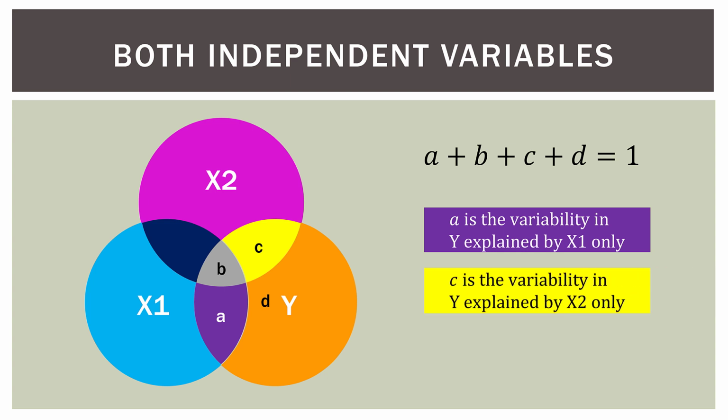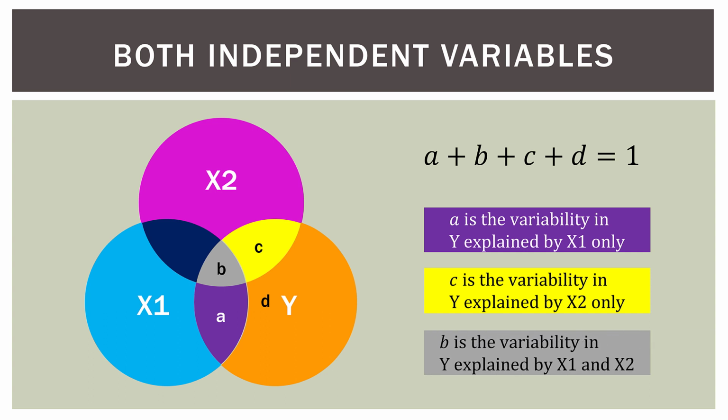C is the variability in y explained by x2 only. So you can see that C, there in the yellow, is where y and x2 overlap. And then B is the variability in y explained by x1 and x2 jointly. So that's where they overlap with each other. They all three overlap. Now, what we're going to have to do is figure out the values for A, B, C, and D. And that's what we're going to work towards as we go.